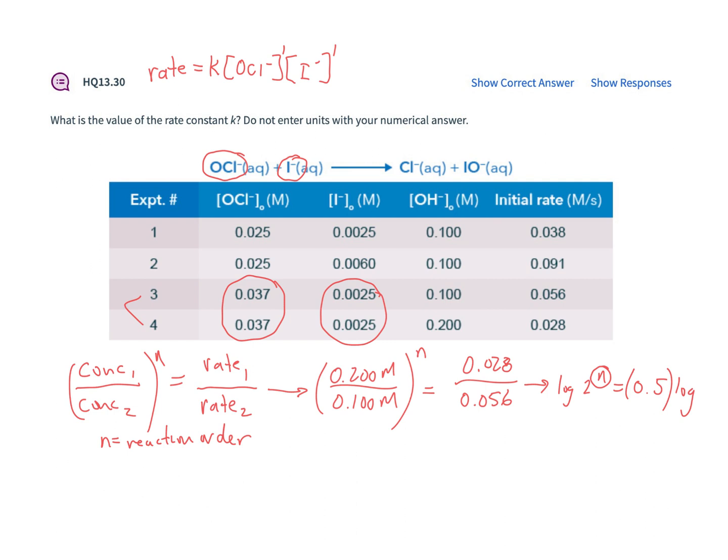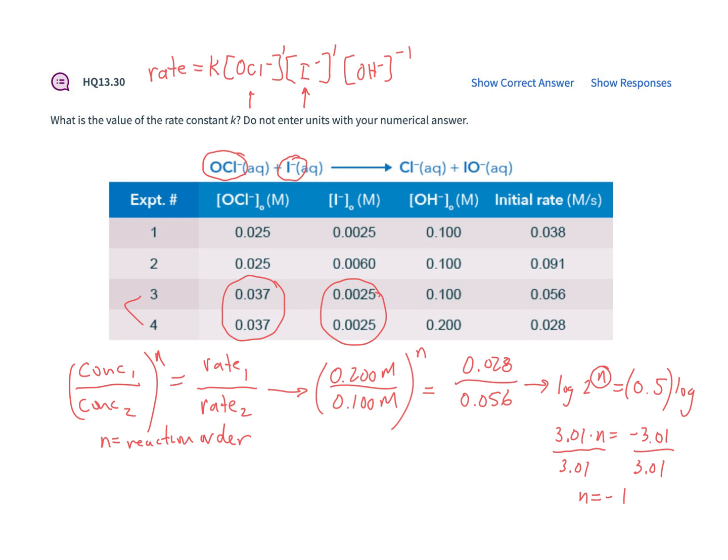The log of 2 is 0.301, and the log of 0.5 is negative 0.301. I divide both sides by 0.301, and n is negative 1. So the impact that hydroxide has on the reaction: we're first order with hypochlorite, first order with iodide, and with hydroxide, we've got an order of negative 1.